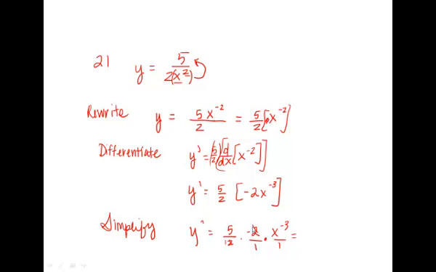Negative 2 divided by 2 is negative 1. Cross the line, change the sign. So I have 5 times negative 1, which is negative 5, over 1, times, cross the line, change the sign. There's technically a 1 here, but this is the power that's going to be crossing the line. We have 1 over x to the third. So all in all, you get negative 5 over x to the third.